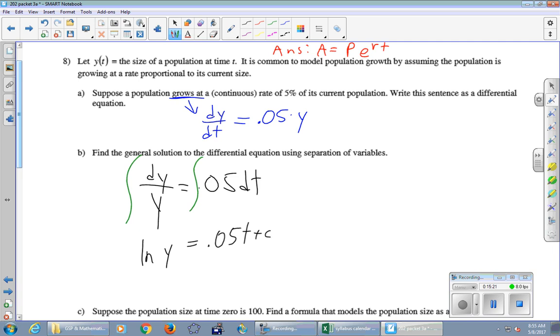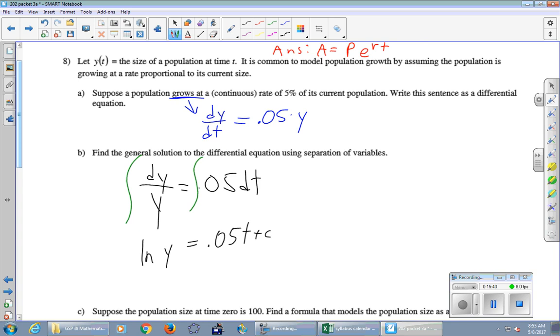I didn't mention on the previous page, technically we should be putting a plus c on both sides, maybe like a plus c on the right and a plus k on the left. We're just going to smush those two constants together into one magic constant that we're going to call plus c on the right. Okay, the calculus is done, but if we can solve for y, we should.